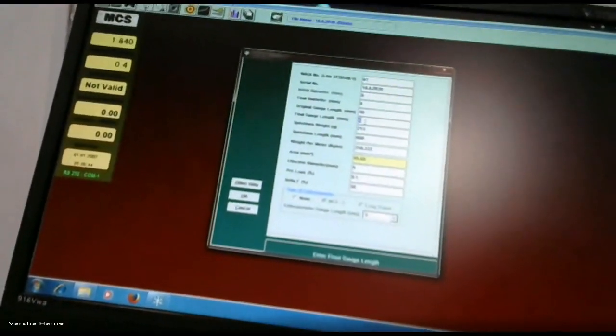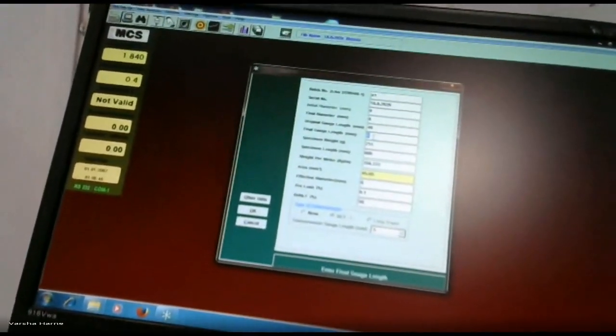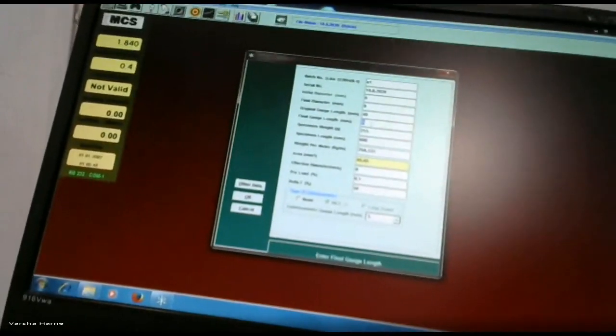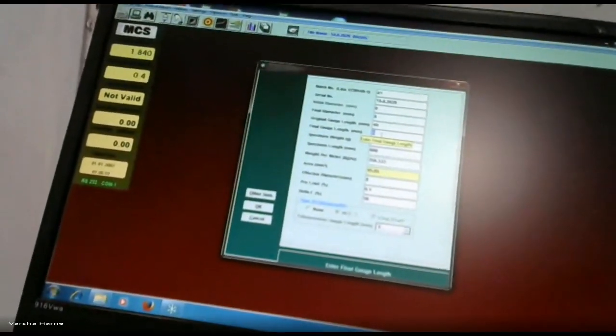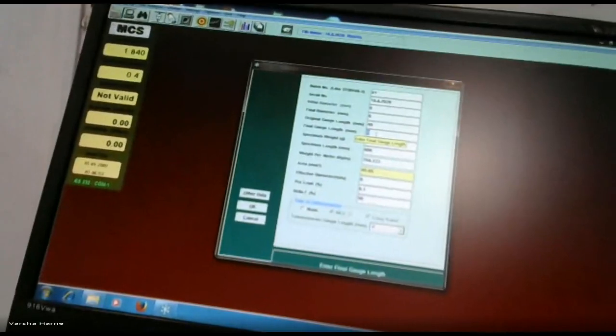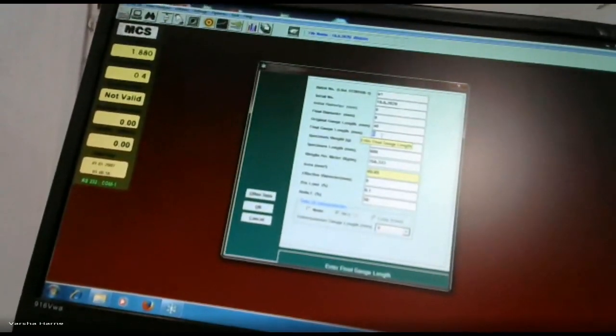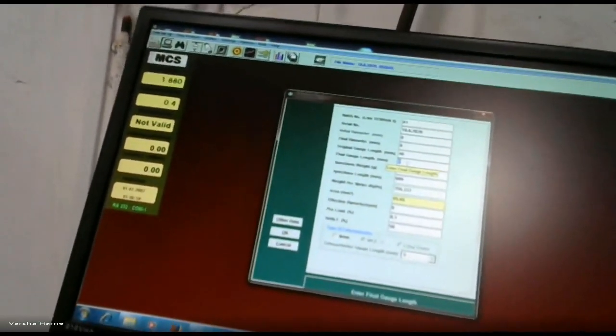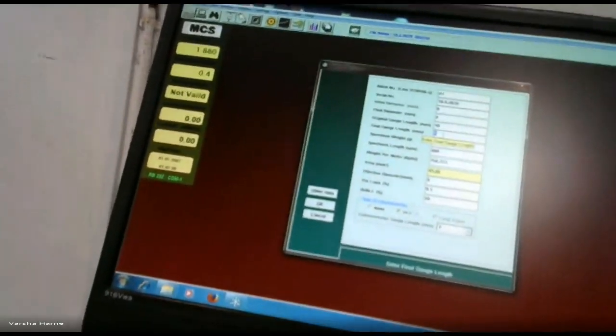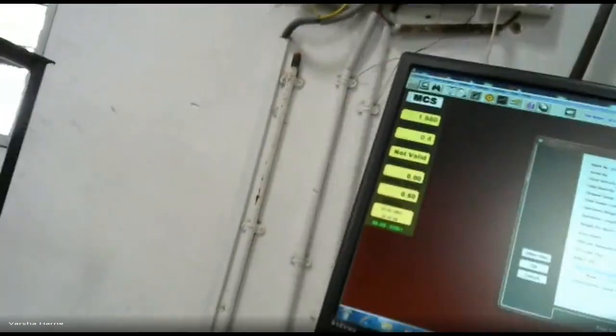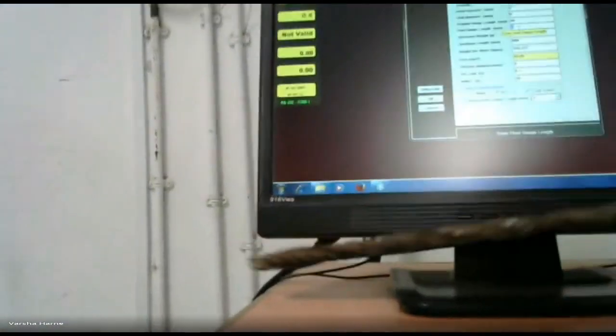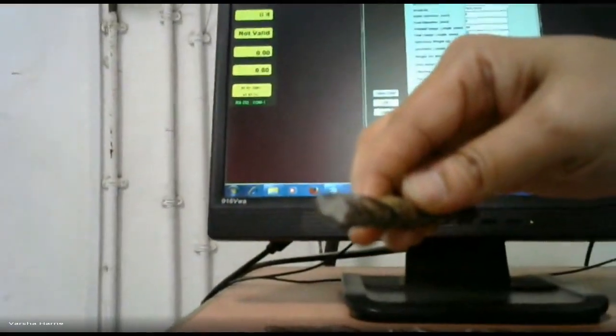Now here we have to measure the final gauge length and then put in our value. Now see, this is our bar which is cut just like a cone shape, okay, and this is just like our cup shape.